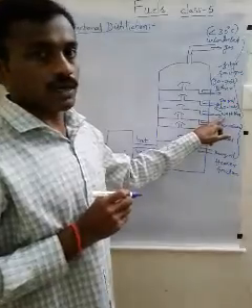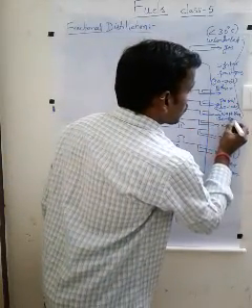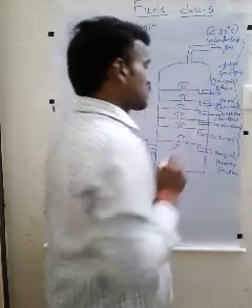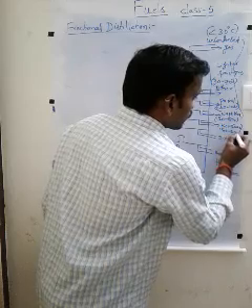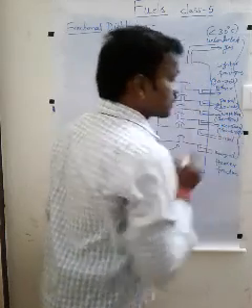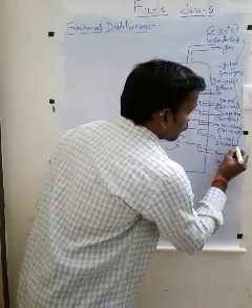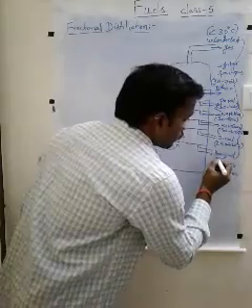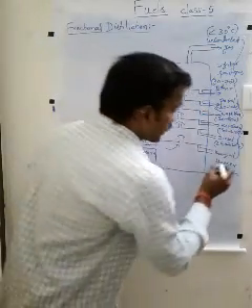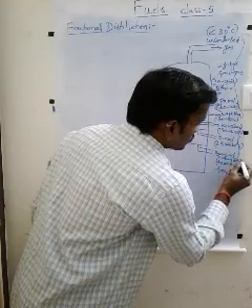For naphtha, the boiling point range is 120 to 180 degrees centigrade. For kerosene, 180 to 250. For diesel, 250 to 320. For heavy oil, it is 320 to 400 degrees centigrade.